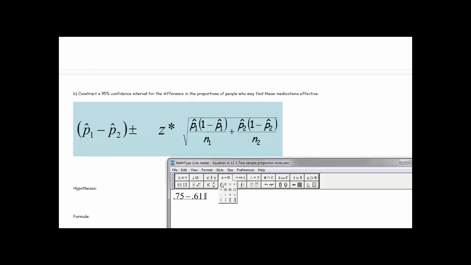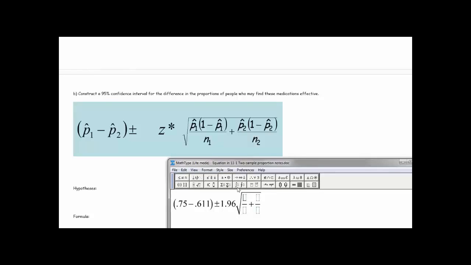And then I want plus or minus. Okay, so sorry, this is going to have parentheses around it. Then I want, and we're still doing a 95% confidence interval, so that's 1.96. And then we want the square root of, and we're going to have a fraction plus the other fraction.